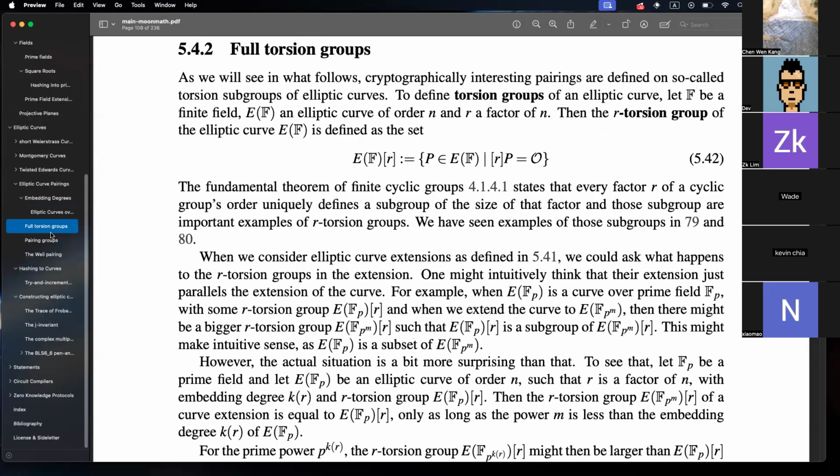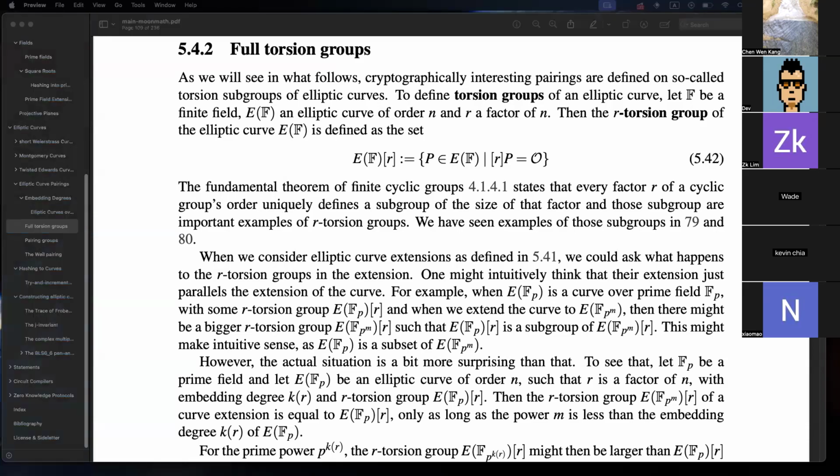You also usually have some cofactor, because that allows you to do the calculation for pairings more easily, cheaply and efficiently.